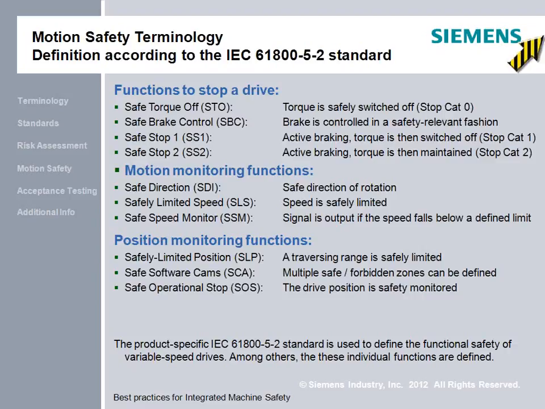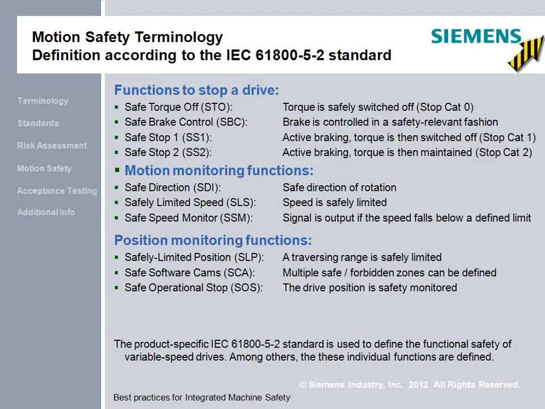Now let's correlate those with the safety stops, and luckily they match up very well. Safe torque off, STO, is the safety equivalent of our traditional stop category 0, immediate removal of power. Safe stop 1 is the safe equivalent of a stop category 1. The axis, or machine in this case, comes to a stop, and then we transition to STO, or safe torque off.